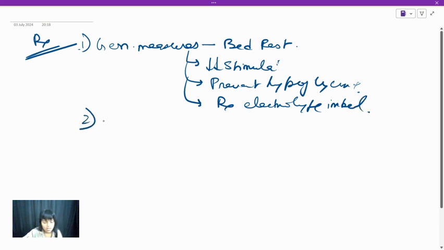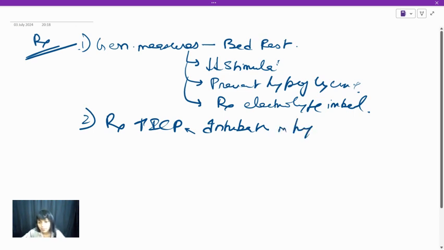Next thing is you have to treat your hepatic encephalopathy, or rather you have to treat the features of raised ICP. How? You may intubate the child. If the child is comatose, definitely you have to intubate the child and put on hyperventilation. This is very important.